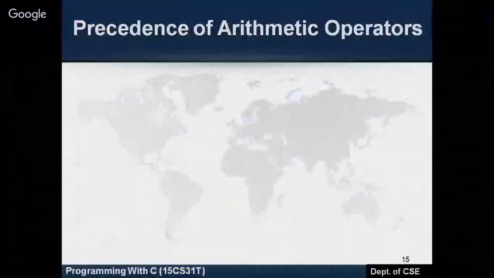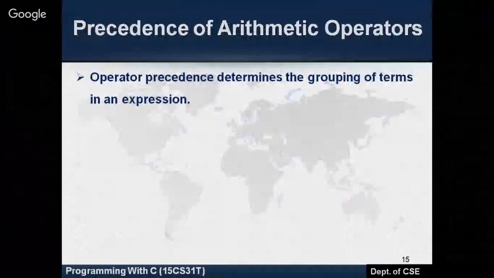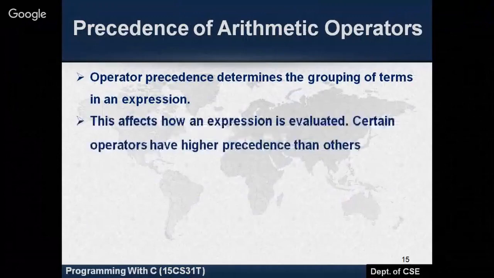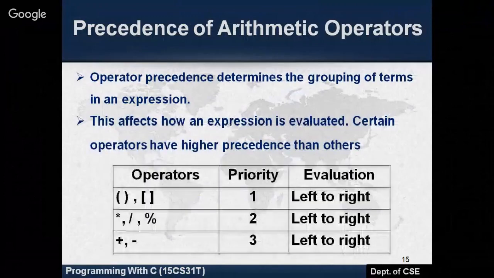Okay, so here you can also write expressions in C. For expressions, how do we calculate? We use the precedence of arithmetic operators. Each and every operator has its own priority. An expression inside parentheses or square brackets gets the first priority.